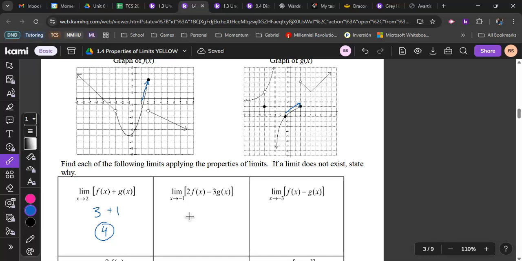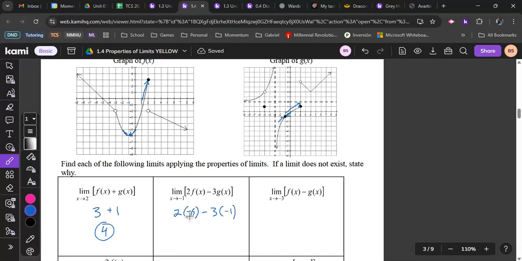All right, so here, I'm going to find the limit as x approaches -1. It's not one-sided, so it's from both sides. So -1 here, that's the bottom of this vertex. It is going to be 2 times that, so let's write that out for now. And then this one's going to be 3 times the answer to g of x. The limit as x approaches -1 of g of x is 1. It's just approaching that dot that's there.